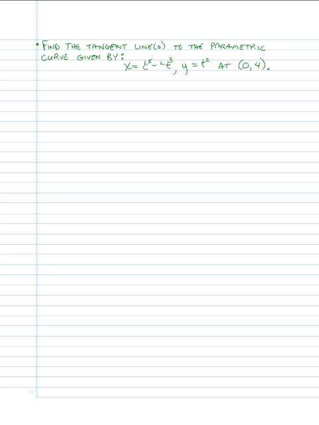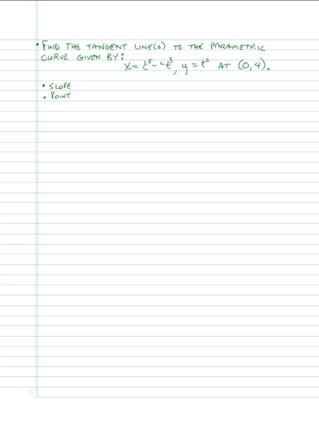Now remember when we find it, so what do we need? We need certainly a slope of the tangent line or lines, and we need a point. And we don't have any problem with the point. What we have a problem with, of course, is the slope. And to find the slope, we've got to find the derivative of y with respect to x, which requires us to know the derivative of y with respect to t and the derivative of x with respect to t.